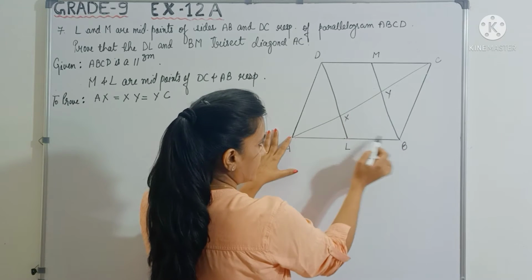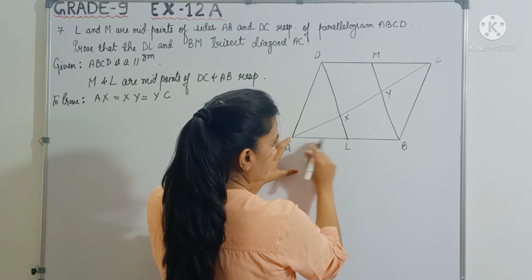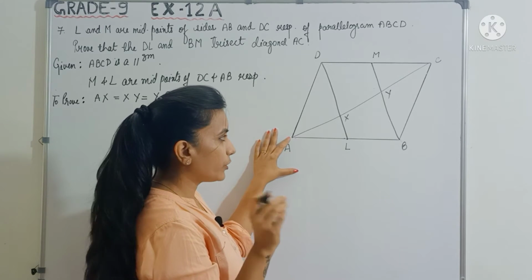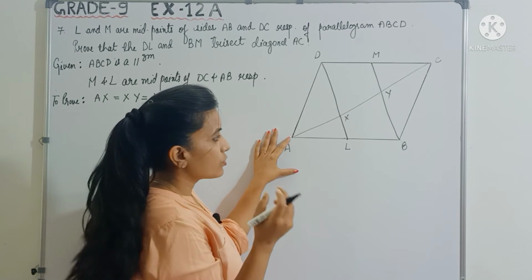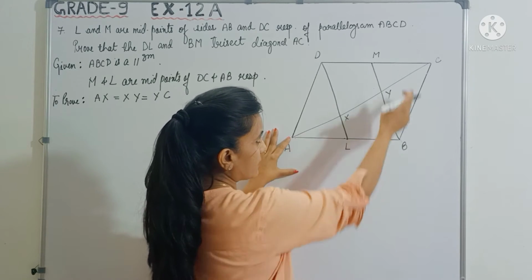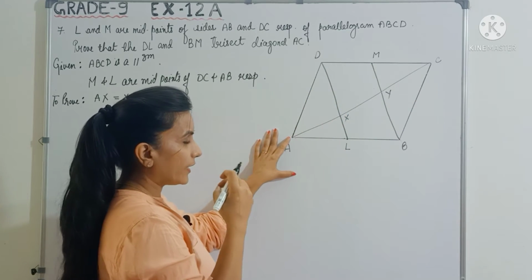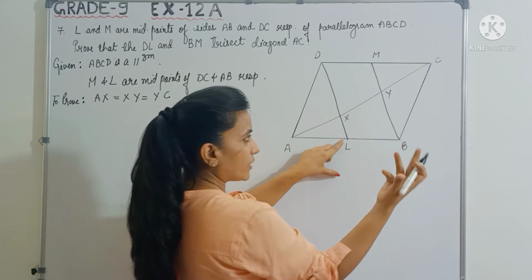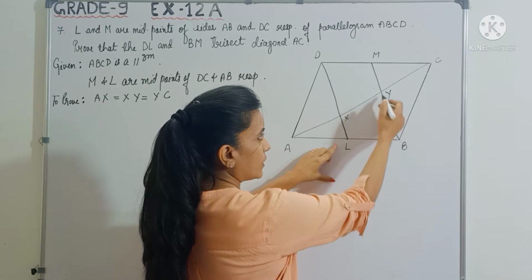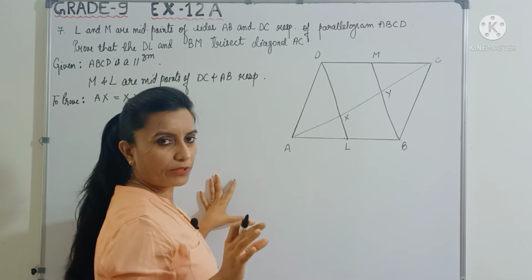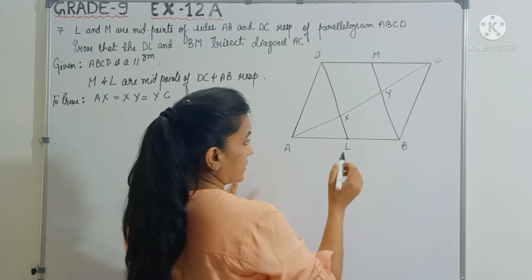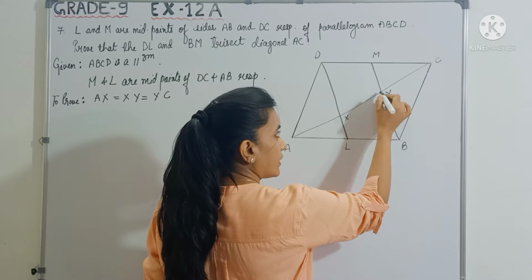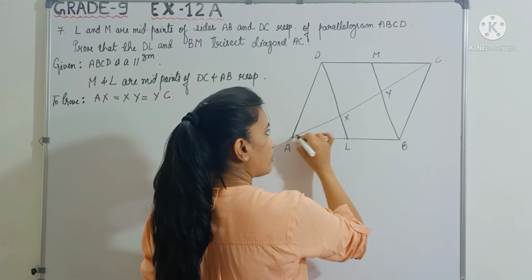In this triangle, I only know that L is the midpoint of AB. I have no other information, so I can't use the midpoint theorem or its converse. Since it is a parallelogram, I can try to prove that LX is parallel to BY. Once I show that LX is parallel to BY, I can use the converse of the midpoint theorem. Since L is the midpoint of AB and LX is parallel to BY, even X is the midpoint of AY.